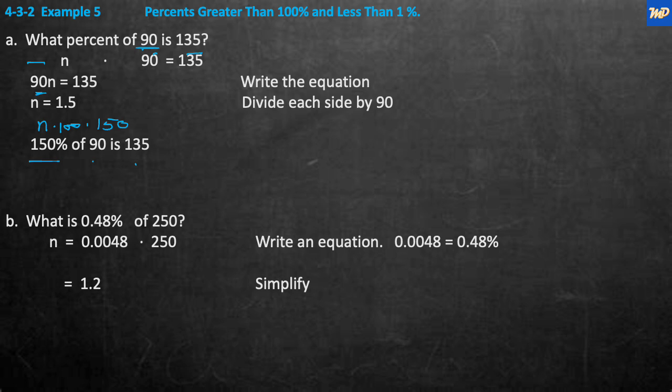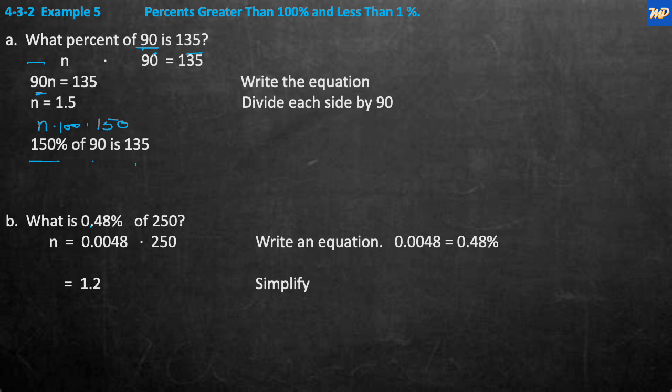So how about the next one here? It says, what is 0.48% of 250? Well, now this is a smaller percentage. So when you do this, you're going to write this as n is equal to 0.0048. The decimal point started right here, but you have to add the two zeros in front of it, right?